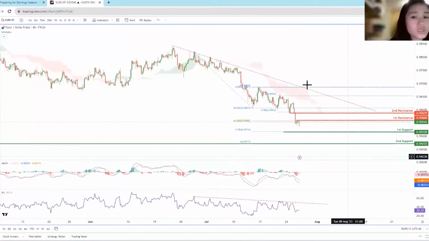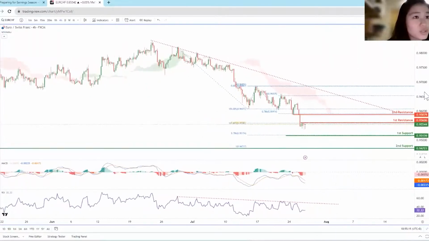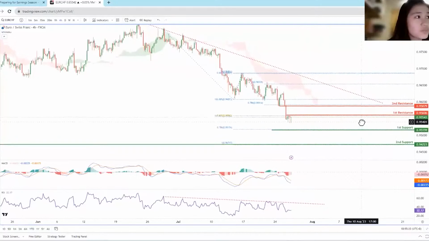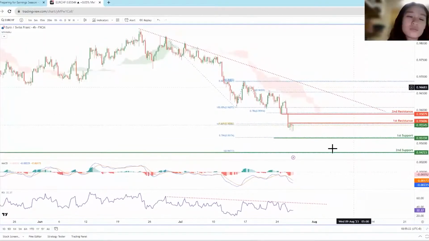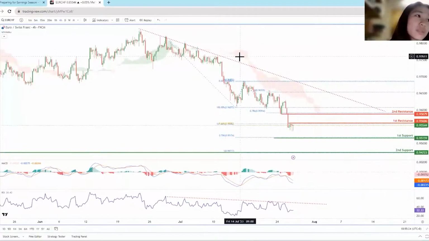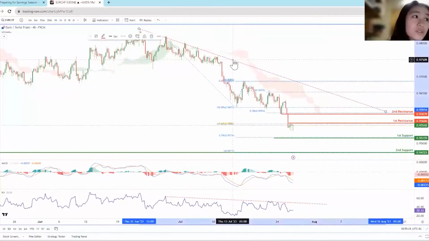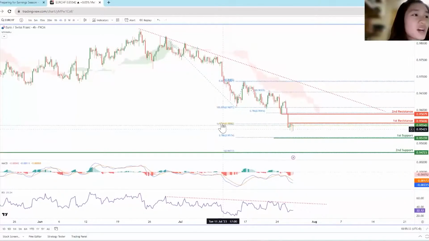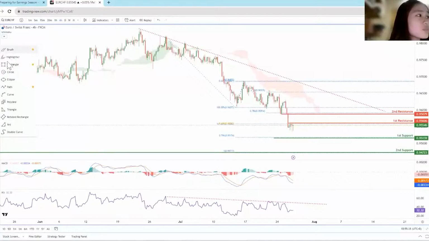Okay, so we can expect price to continue moving downwards towards our first support because of all of the downward pressure from this descending trend line. Excuse me, from this, let me highlight it.